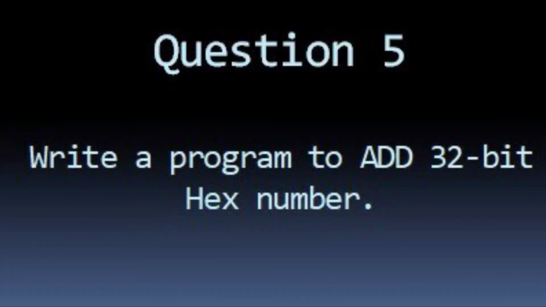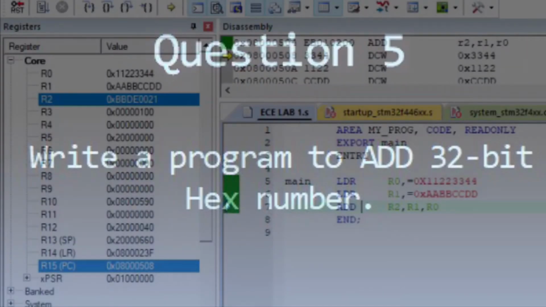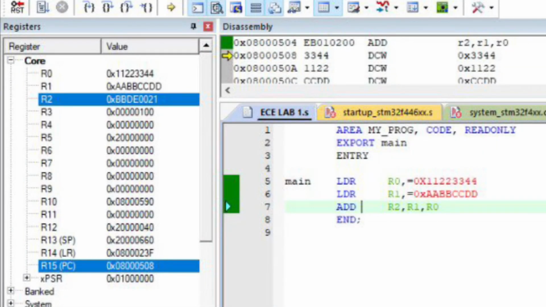For question 5, write a program to add 32-bit hex numbers. The question asks me to use 32-bit, so I have to use LDR. So I write R0 equals 0x11223344, and next LDR for R1, 0xAABBCCDD.